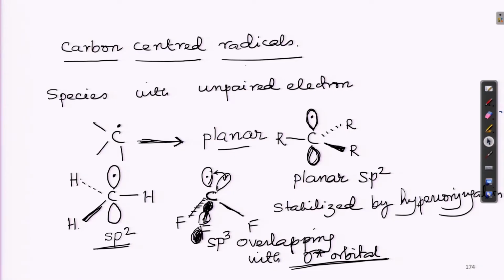Now, why do they adopt a planar structure? Because in the planar form there could be electron delocalization possible with the adjacent substituents.